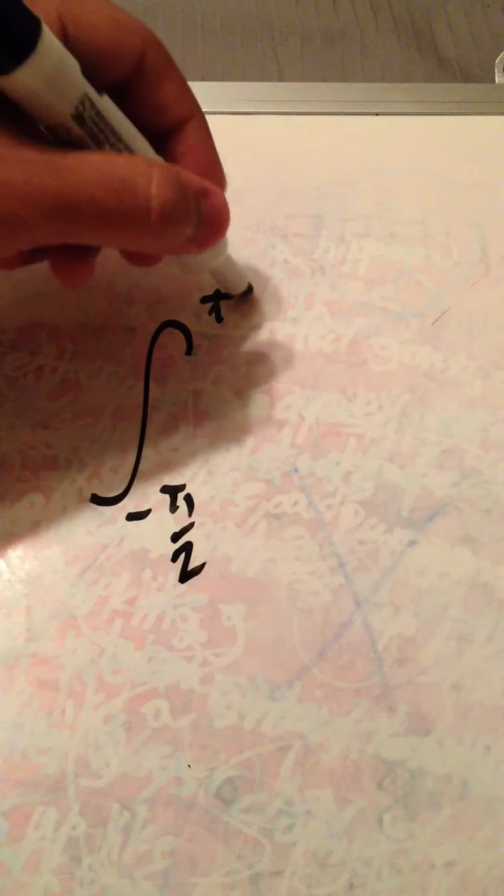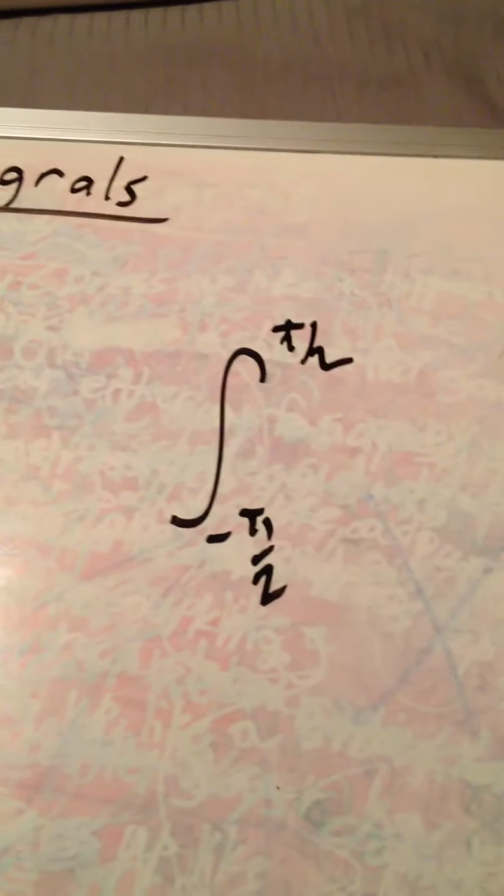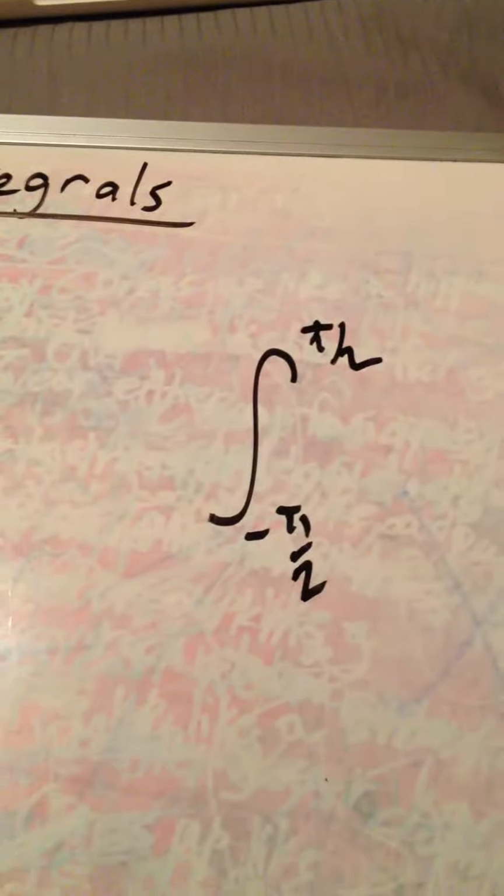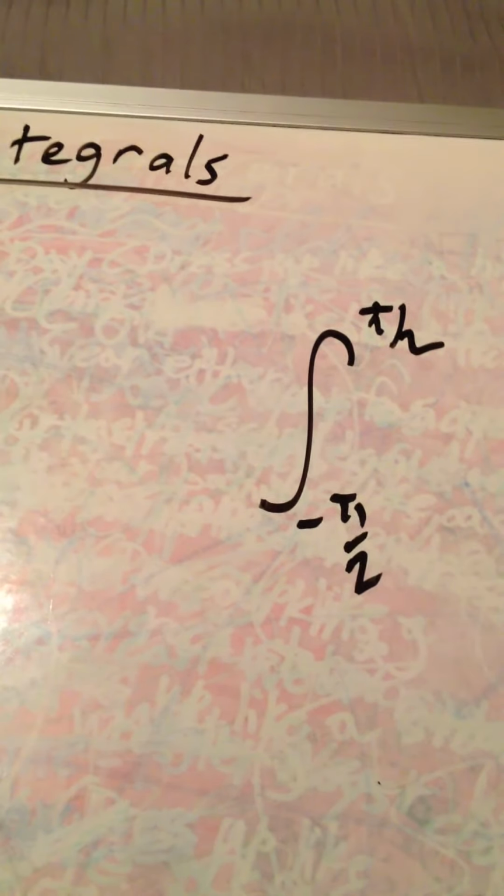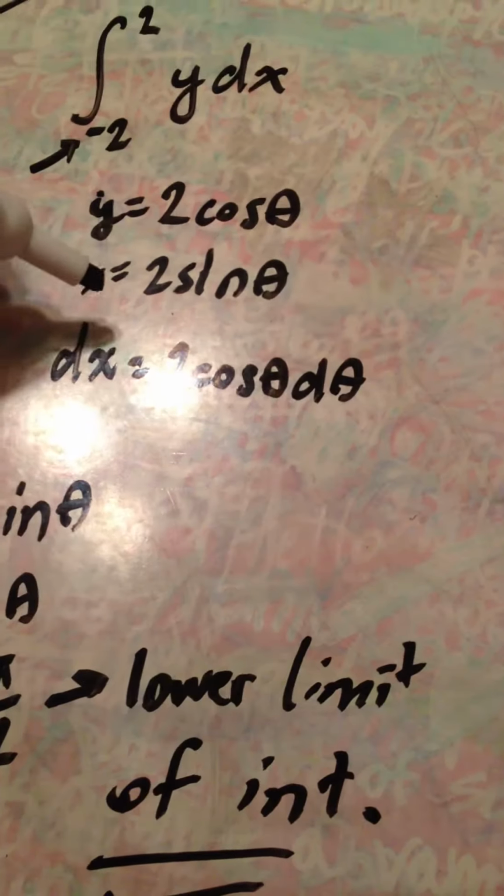So now we can transform this into how we will solve the problem. It is the integral from -pi/2 to pi/2 of y dx. In this case, what is that? That's y, which is 2 cosine theta, times dx, which is 2 cosine theta d theta. Let me just write that out.